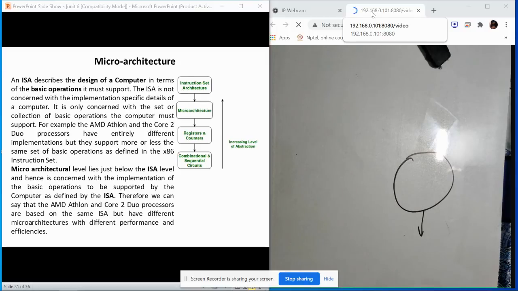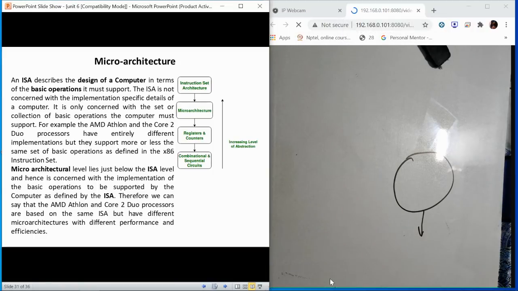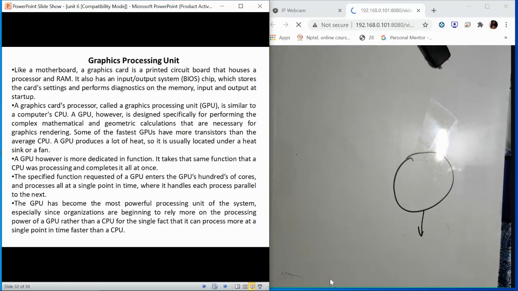So there are different instruction architectures, even though those instructions perform the same task. It simply depends upon what type of instruction we have. If you are executing something on AMD, you will have a different type of processing behind it, whereas if you are executing it on Intel, it will have a separate type of instructions which are going to get executed. That is what we have in the microarchitecture.